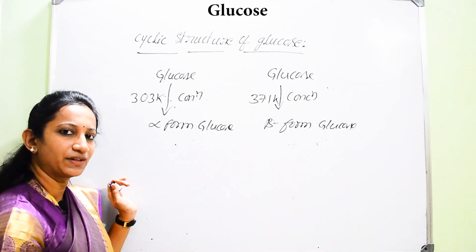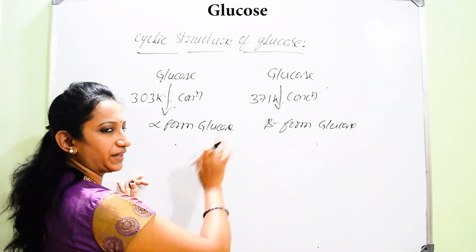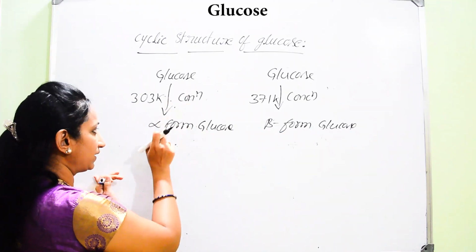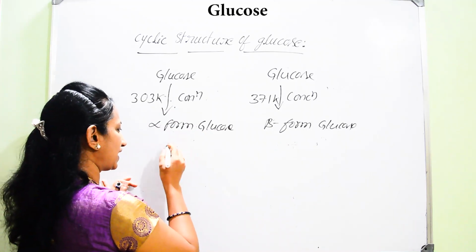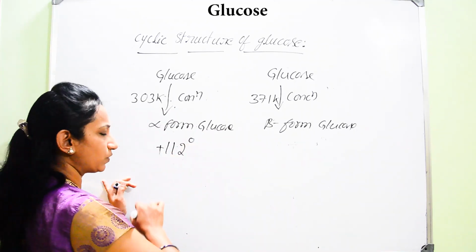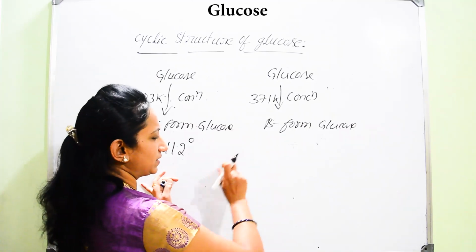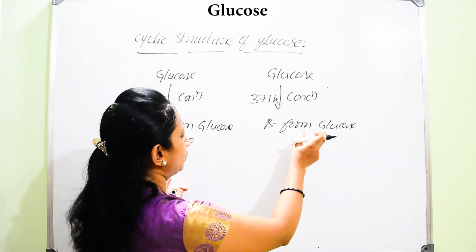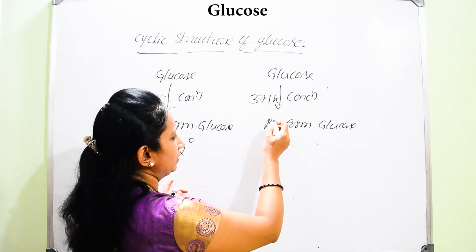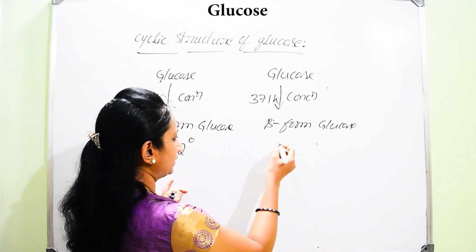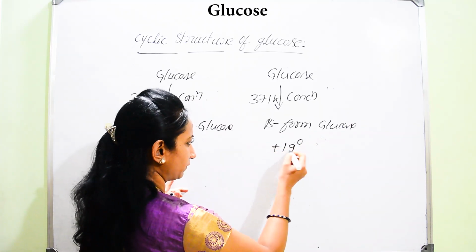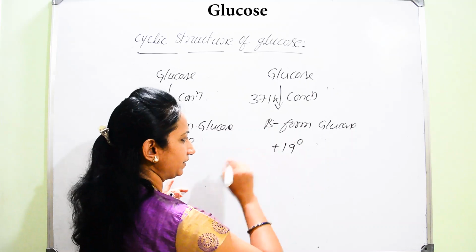Here you will observe a difference in their specific rotation, optical rotation. The specific rotation shown by the alpha form of glucose, as he observed, is plus 112 degrees, whereas the beta form of glucose shows a specific rotation of plus 19 degrees.